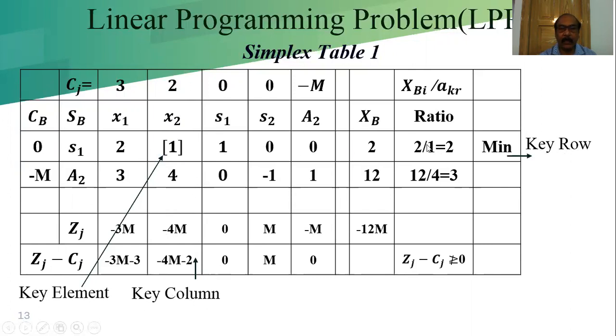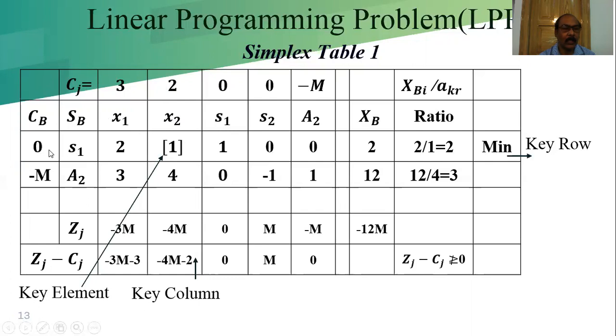For the next table, all the elements of the key row are divided by the key element. Since the key element is 1, row 1 will be unchanged. In the next table, S1 will be replaced by x2, and CB will be 2, because the corresponding value in the objective function is 2 for the variable x2.